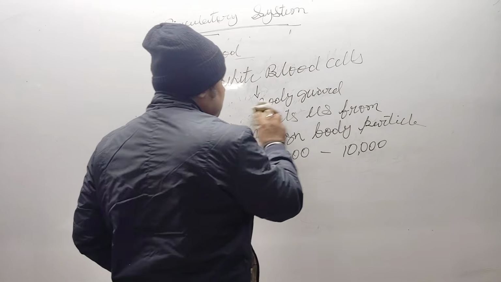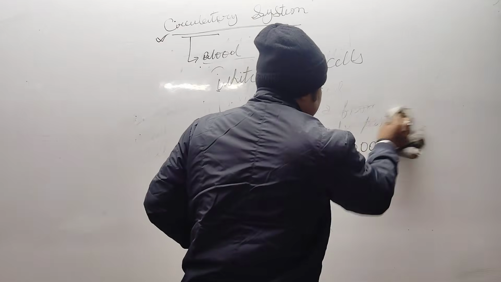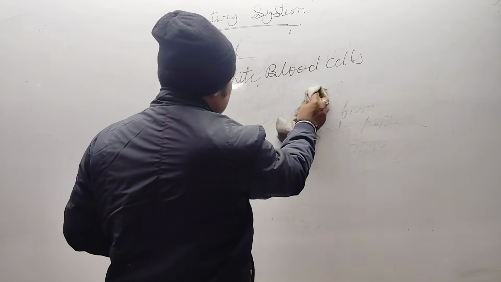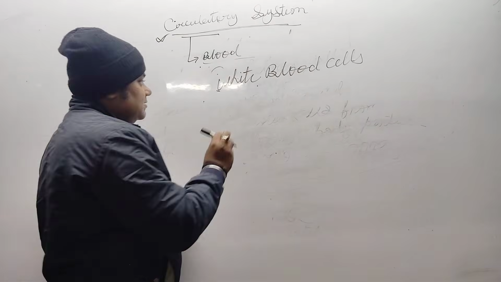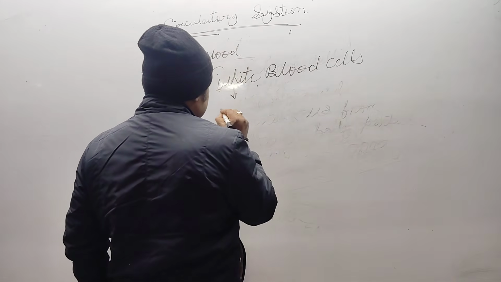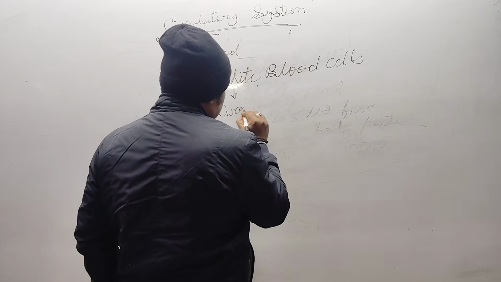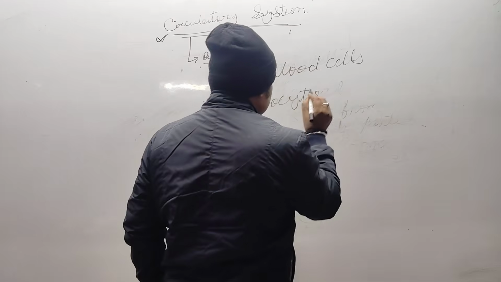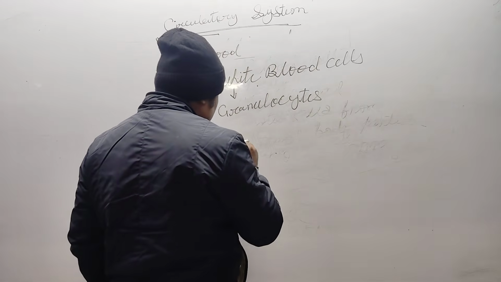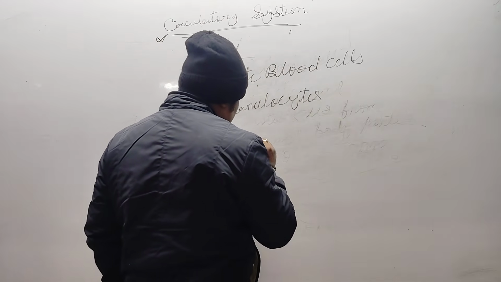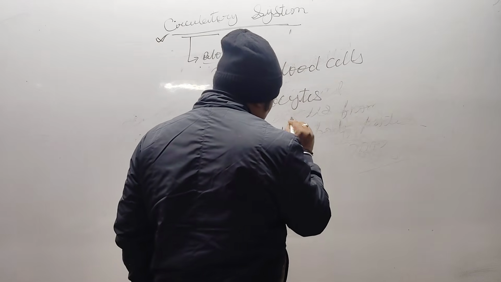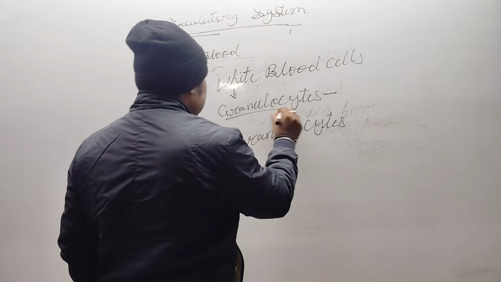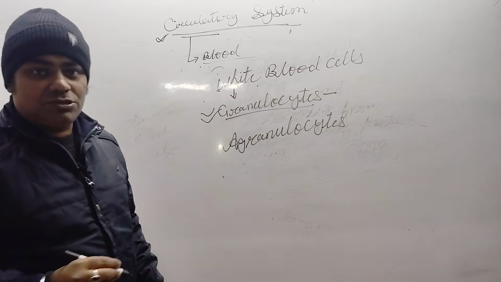How are they categorized? White blood cells are categorized into two types. The first one is the granulocytes, and the second one is the agranulocytes. What are granulocytes?